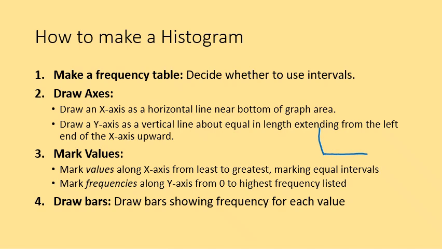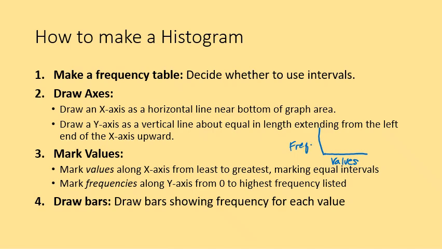And you're going to want to have your values or your grouped intervals on the bottom, and you're going to want to have your frequencies over on the side, just like making a bar chart.